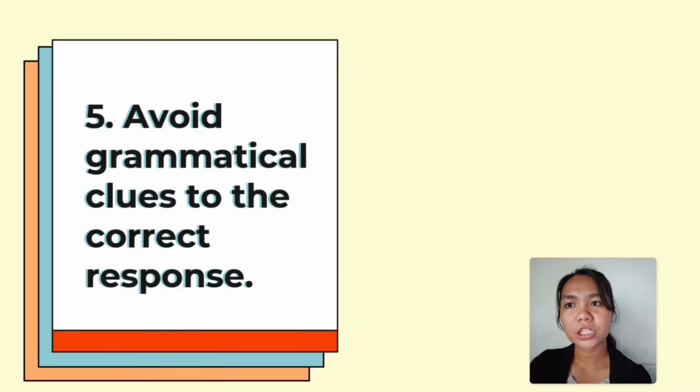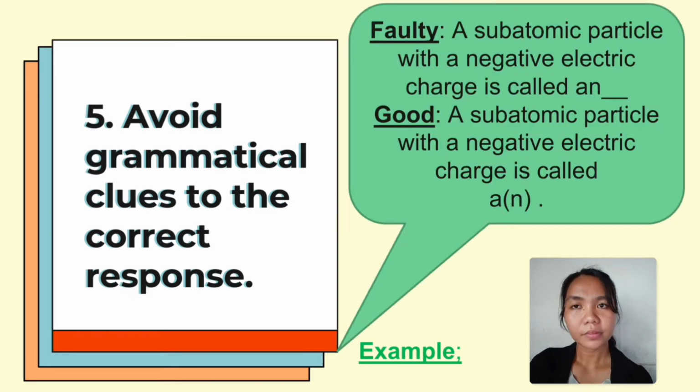Next is avoid grammatical clues to the correct response. So, as much as possible, when you are making the fill in the blank question, you need to check your grammar first because it might affect the meaning of your question or your phrase. So, just like for example, a subatomic particle with a negative electric charge is called an blank.